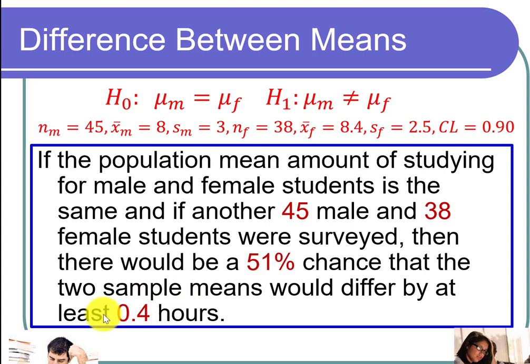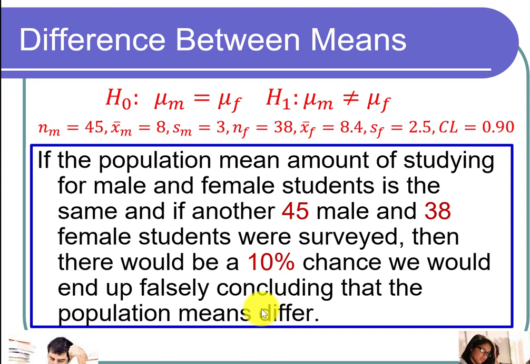P-value is all about if the null hypothesis is true and you conducted another study, then it's the probability that you're going to end up getting something as unusual as what you got. So that was the interpretation of the p-value. Now let's move to understanding what the level of significance is. And it's very similar to what we have done in prior chapters.